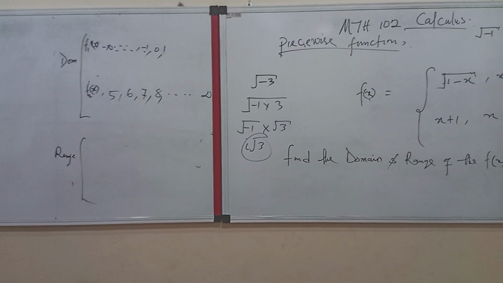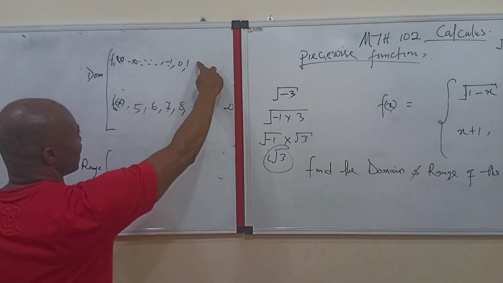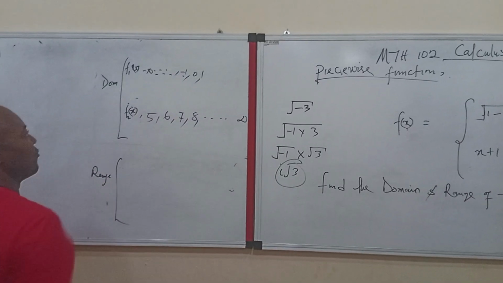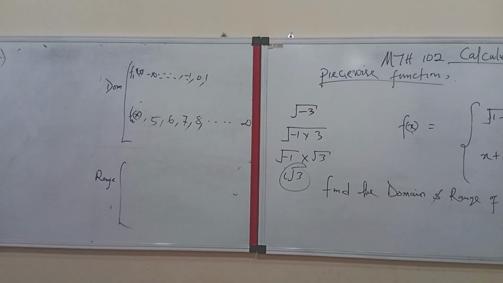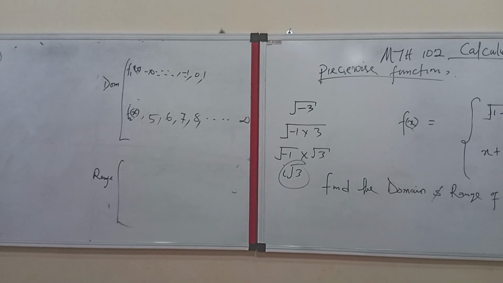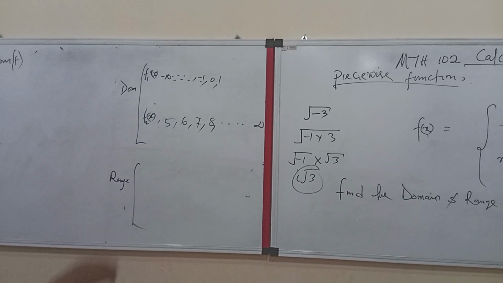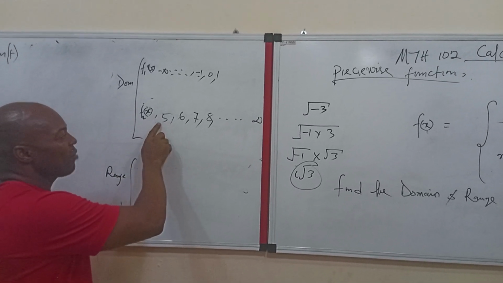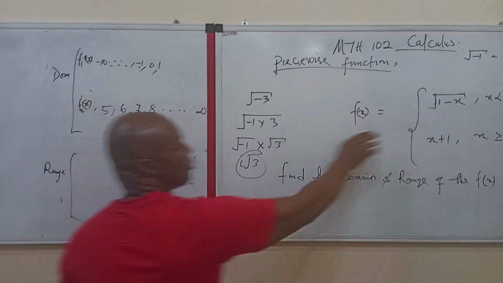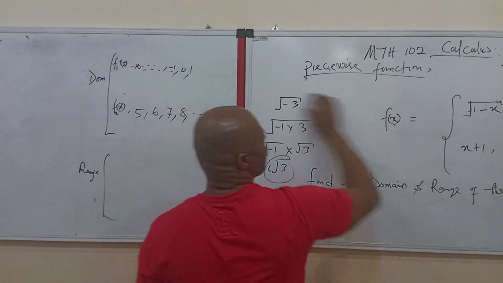So if we combine them, you will see that 1 is there but 2 is not there. 3 is not there, 4 is not there, but 5 is there. That is the kind of thing we want to write. 2 will not be there, 3 will not be there, 4 will not be there, but 5 upwards will be there. Somebody may ask about this 5: the 5 here is not for this side, it is for the other side, this one we wrote here.